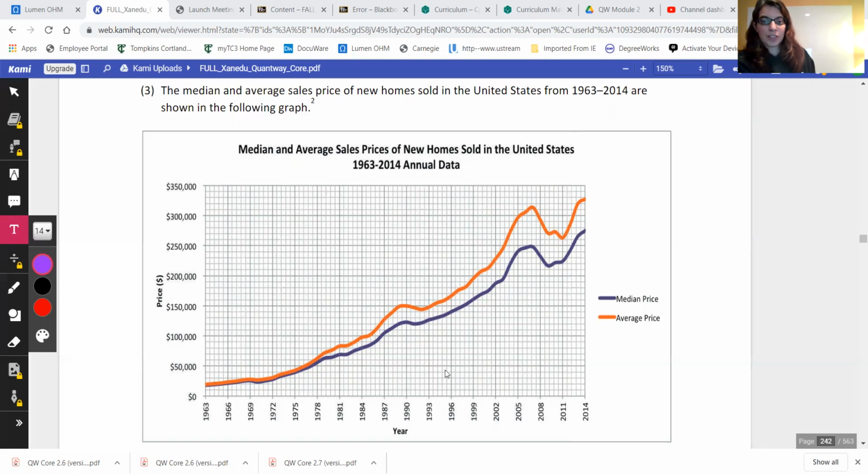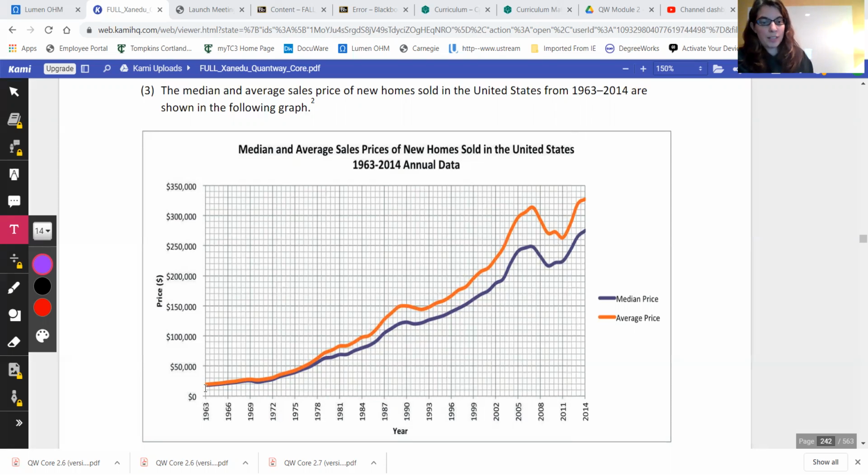So if we look at this for a minute, let's just think about kind of what's happening here. We have 2 different values. We know that median and average or mean are both measures of central tendency. They kind of talk about what's happening in the data. In general, you can see that they follow each other here. When one goes up, generally the other one goes up also.